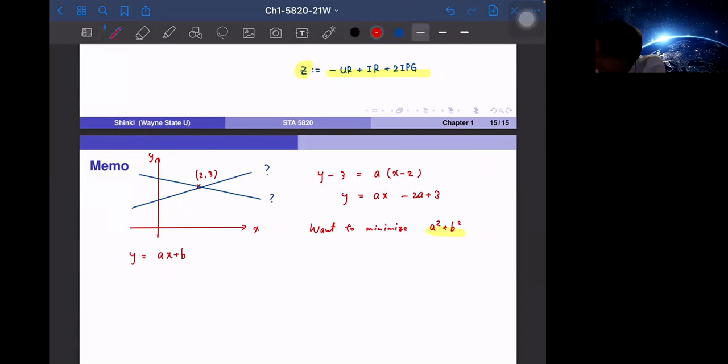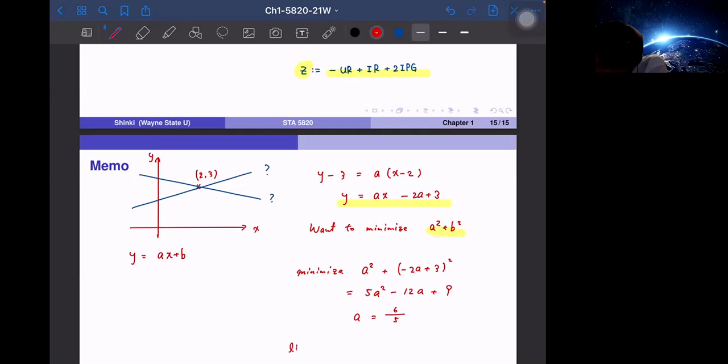So if we want to minimize a squared plus b squared, with this condition, we minimize a squared plus (negative 2a plus 3) squared. This is equal to 5a squared minus 12a plus 9. Then a should be equal to 12 over 10, so 6 over 5, right? 1.2.